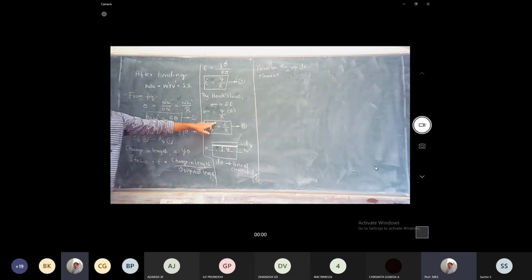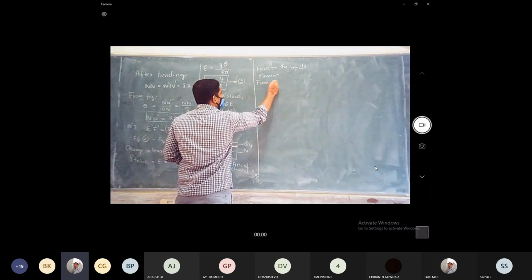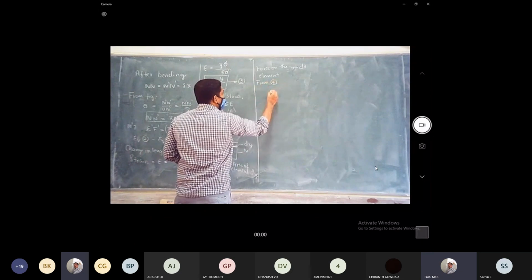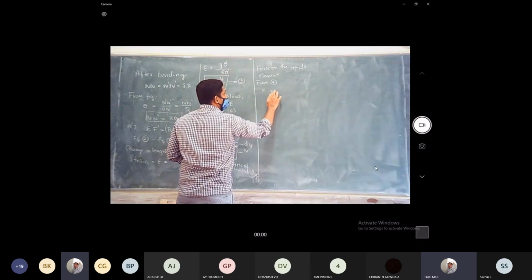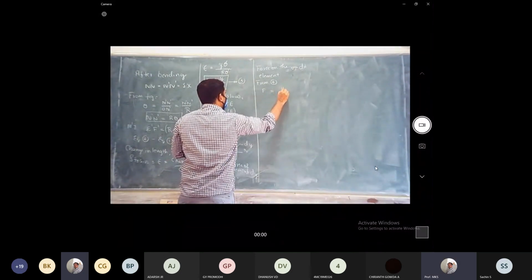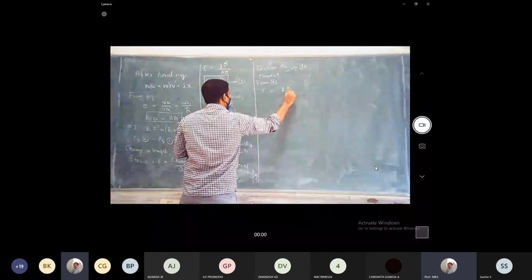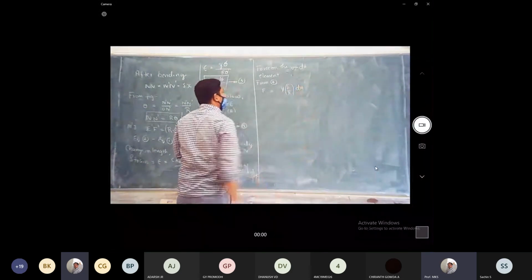So from equation 4, you can write the equation for sigma. The force acting on the element will be equal to y into E by R into dA.